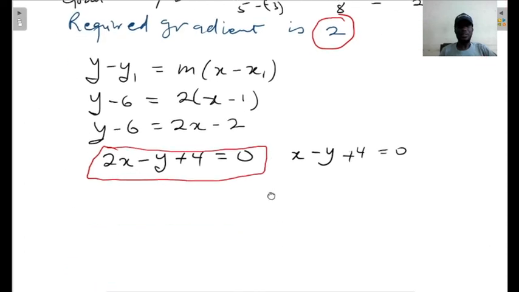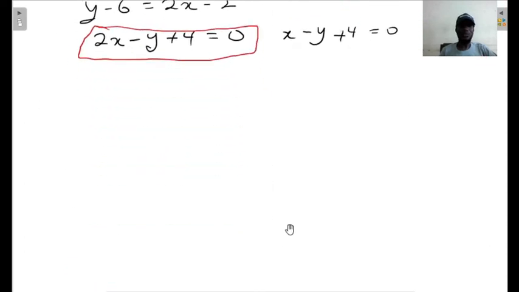So rewriting this as equation 1 and 2 so that I can solve them simultaneously, let me write this one first since it's the one I work first. So x minus y equals negative 4, equation 1.